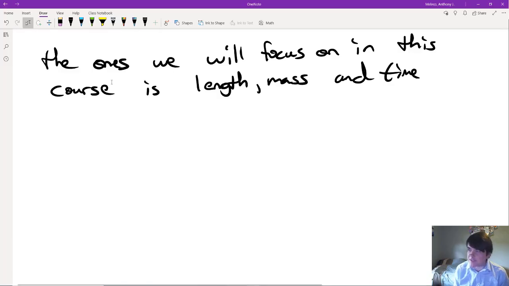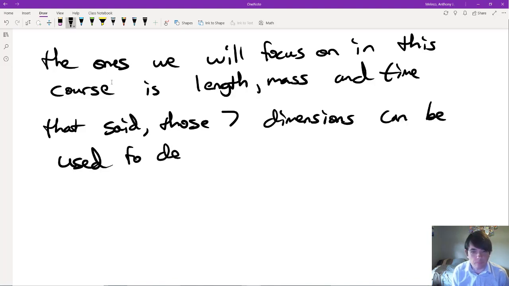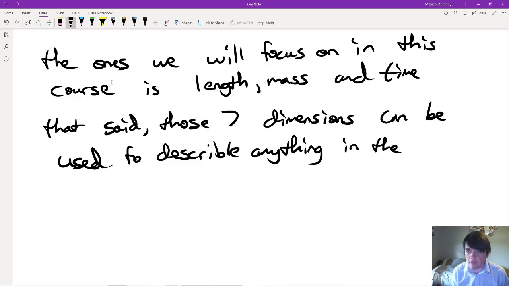So these 7 quantities, or 7 dimensions, can be used to describe anything in the universe.